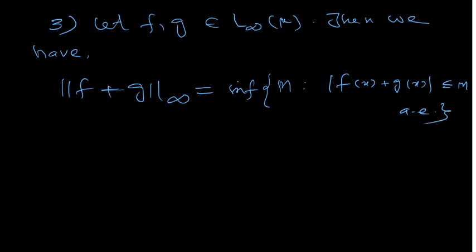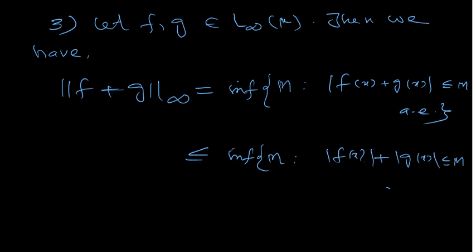Okay, and you can see this is less or equal to the infimum of m such that mod of fx plus mod of gx is less or equal to m almost everywhere. Actually this set of m such that mod of fx plus gx is less or equal to m almost everywhere, this set is bigger than this set.